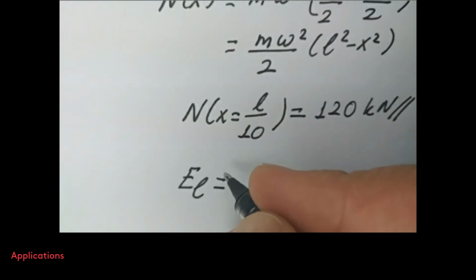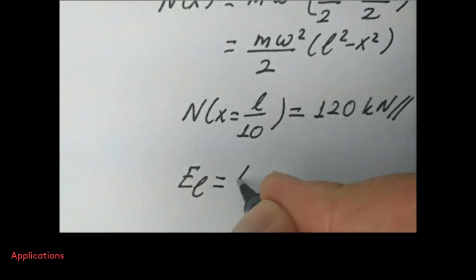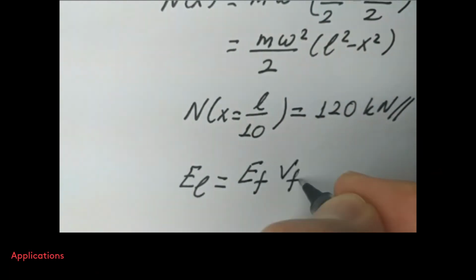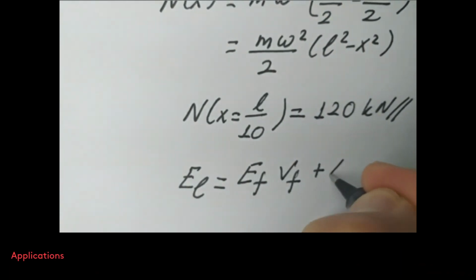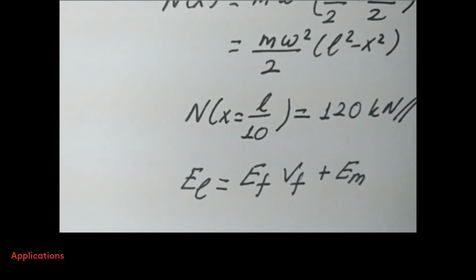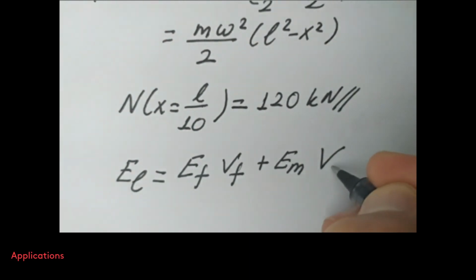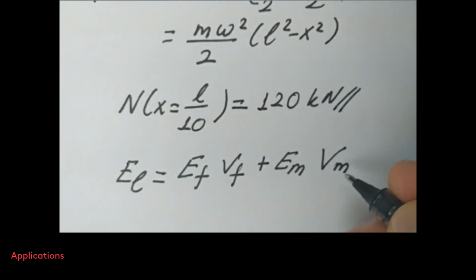Remember that the longitudinal modulus is equal to the longitudinal modulus of the fiber phase multiplied by the volume fraction of the fiber phase, plus the longitudinal modulus of the matrix phase multiplied by the volume fraction of the matrix phase.